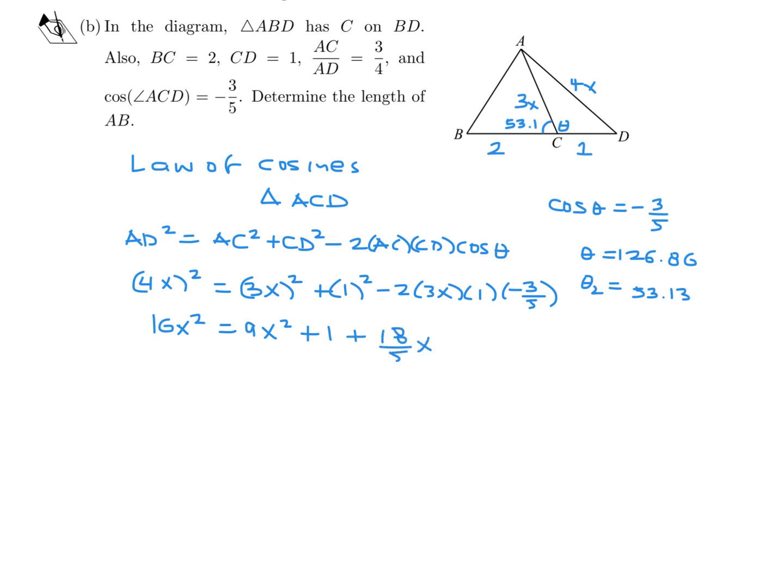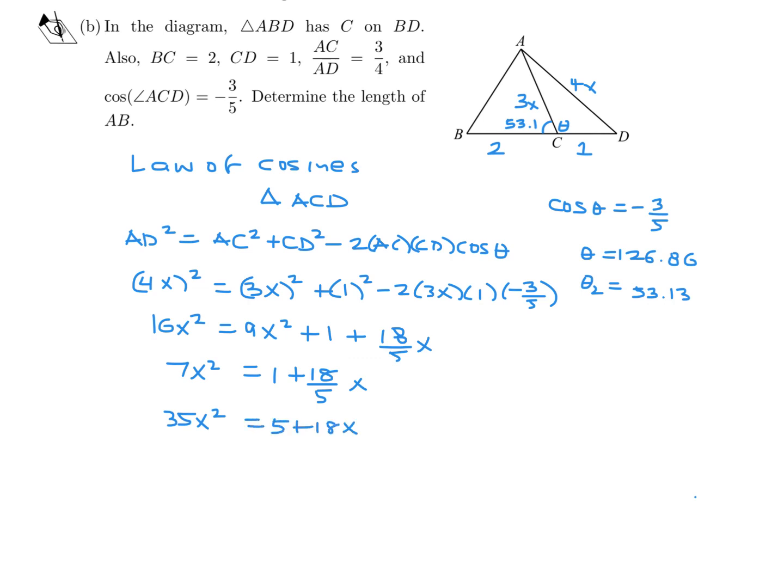All right, don't make any mistakes here. So what am I going to do here? I'll multiply through by 5 to get rid of that fraction. First, let's just do 7x squared is equal to 1 plus 18 over 5x. Multiply through by 5 and get 35x squared is equal to 5 plus 18x.